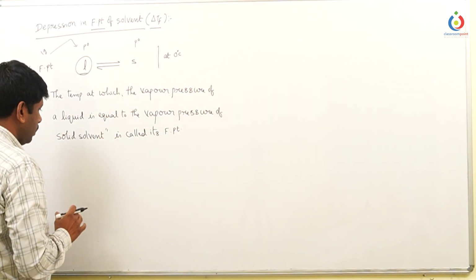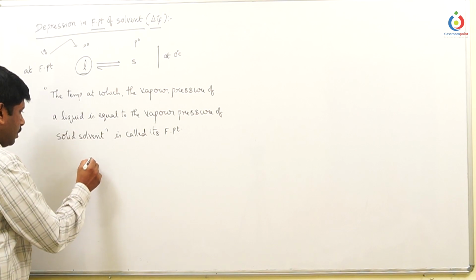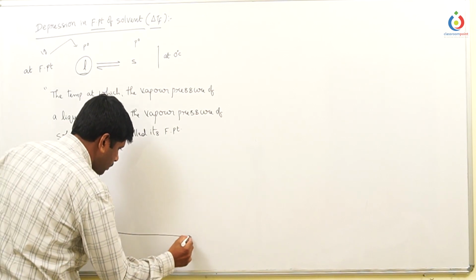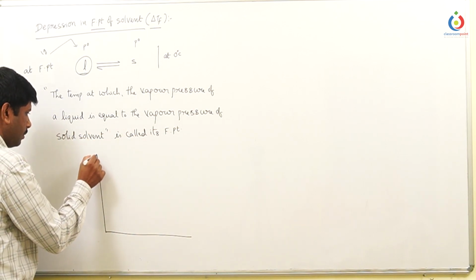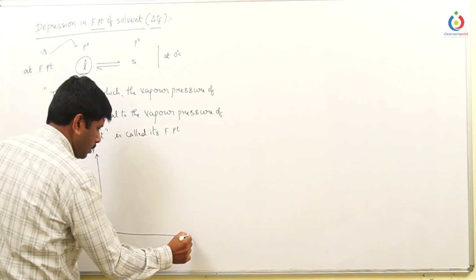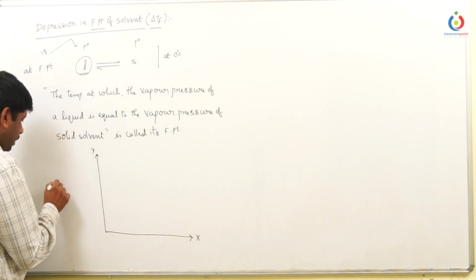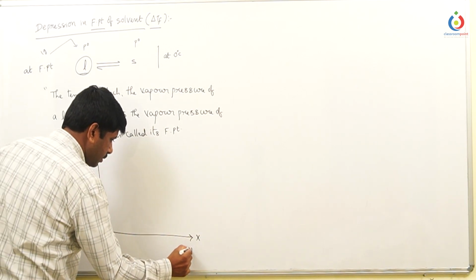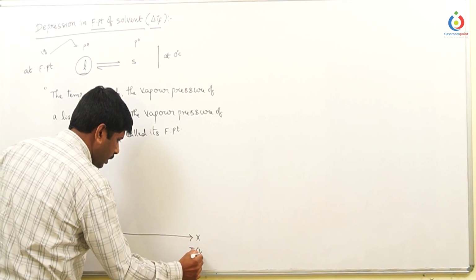So let us see this in a graphical representation. If we take a graph, that is vapor pressure versus temperature in kelvins.